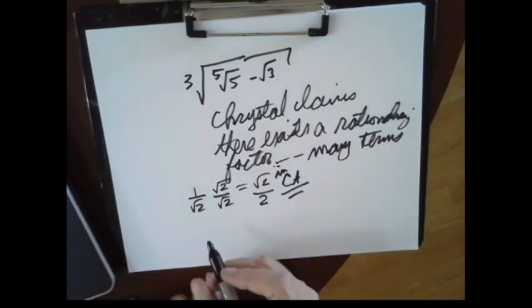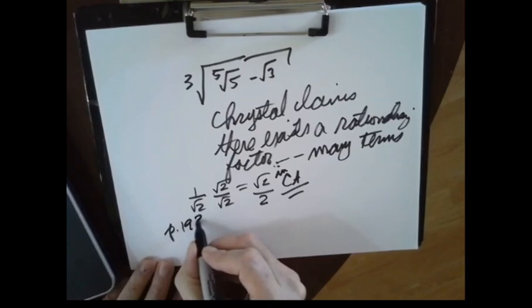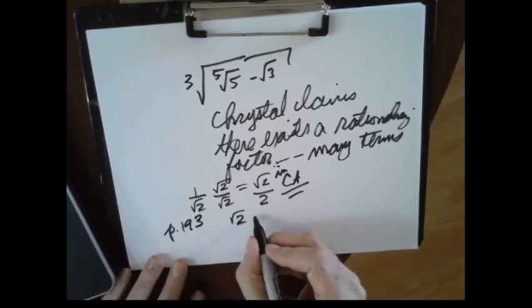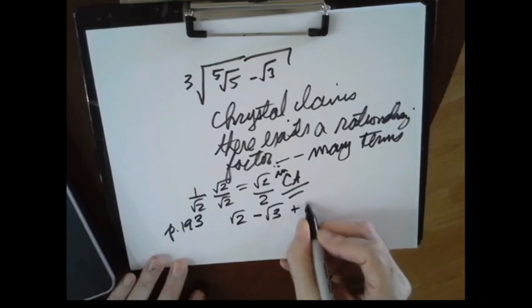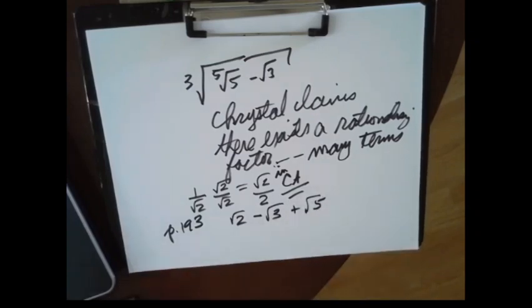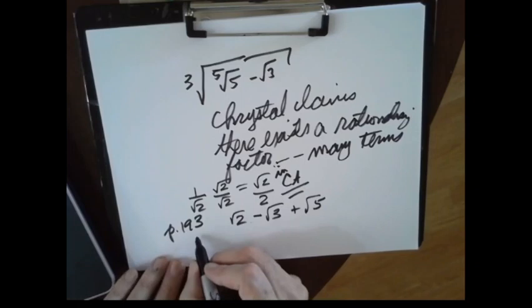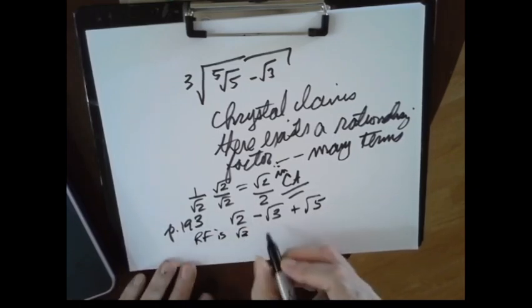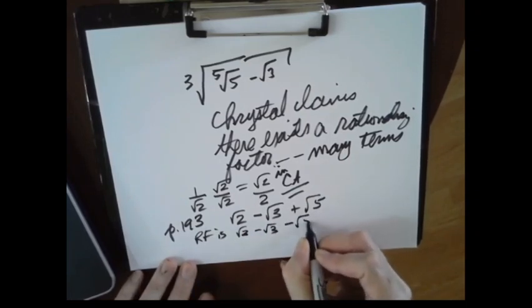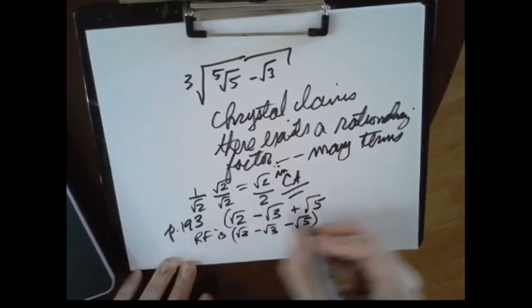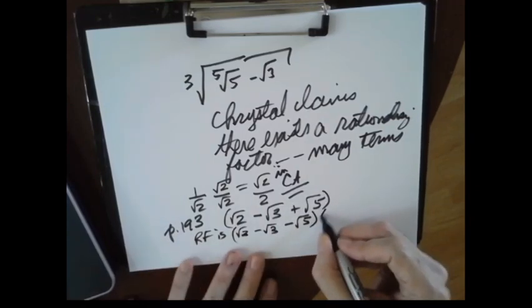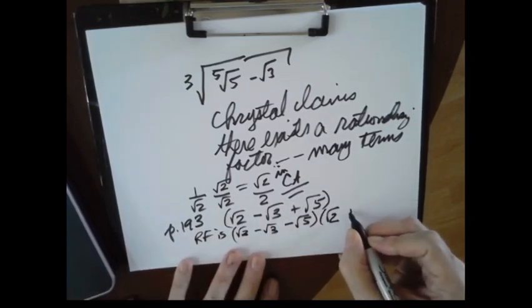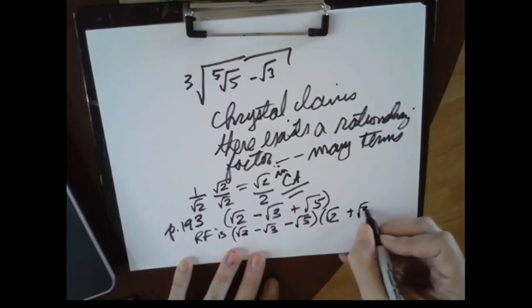In this case, here's an example from page 193, where you're given something much easier. The sum of 3 square roots. And its rationalizing factor is the square root of 2 minus the square root of 3 minus the square root of 5. Multiply this times this, times all plus.